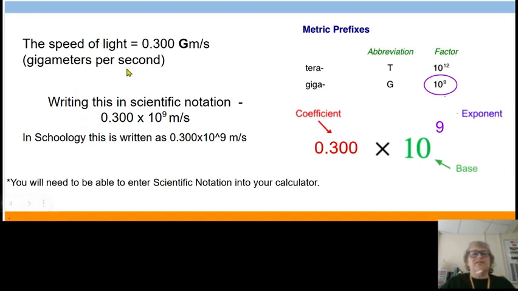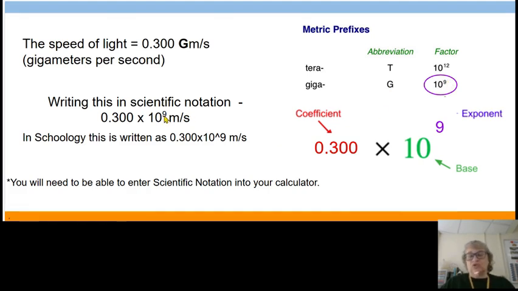If you're going to write this in scientific notation, you write the number in front, 0.300, then times 10, and then look for the number it corresponds to. If it's G, or giga, you want to put the 9 at the top.